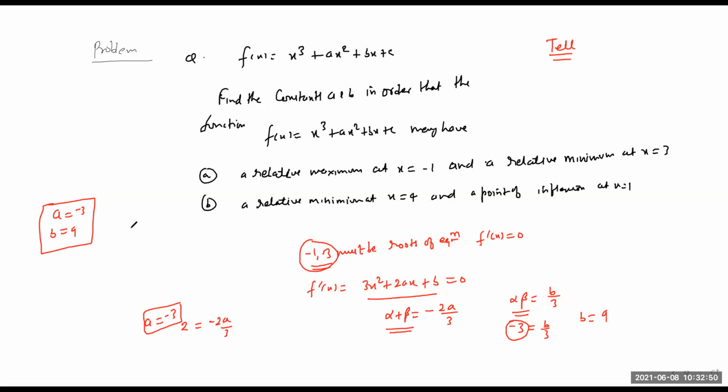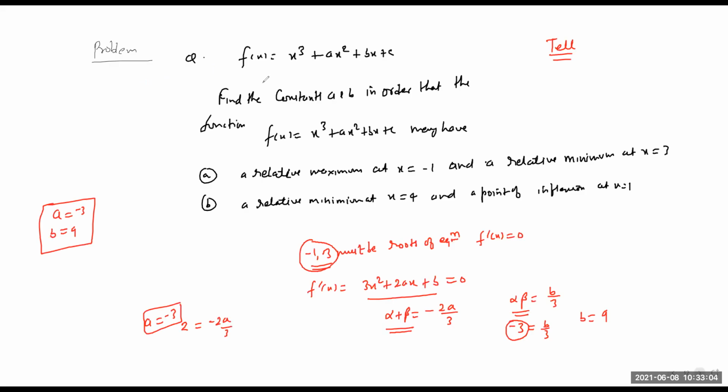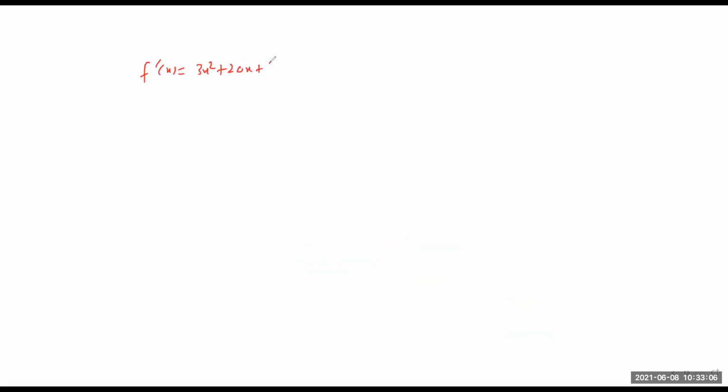Now the first condition is not done. We need to double differentiate also. So why do we need to double differentiate? F dash x is 3x square plus 2ax plus b. Differentiate again, you get 6x plus 2a, right?